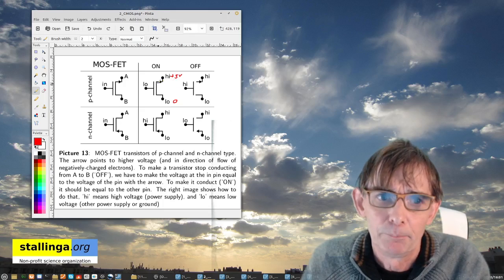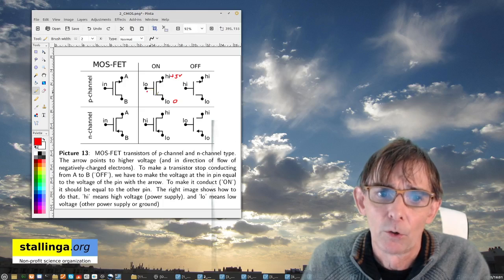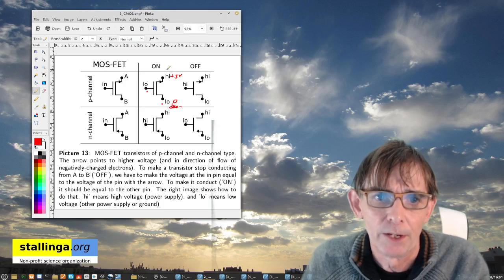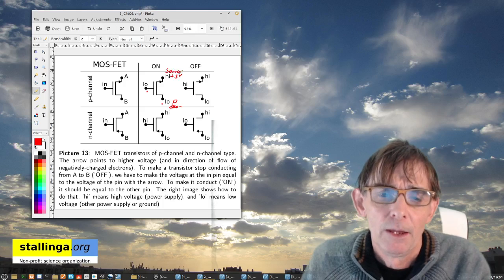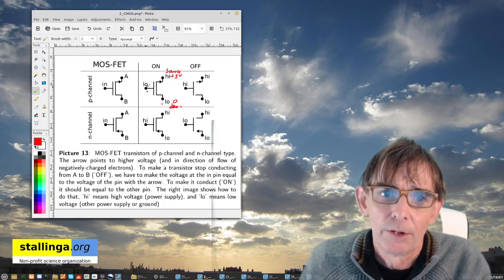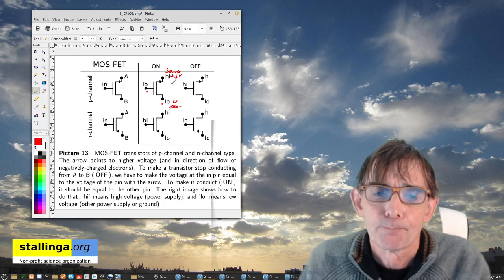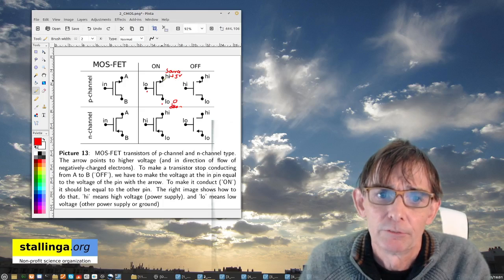Now to make the P channel conduct, we have to put the input pin close to here, this is called the drain, and here we have the source. So to make it conduct, you have to make the input pin close to the drain, and then it starts conducting from here to here.